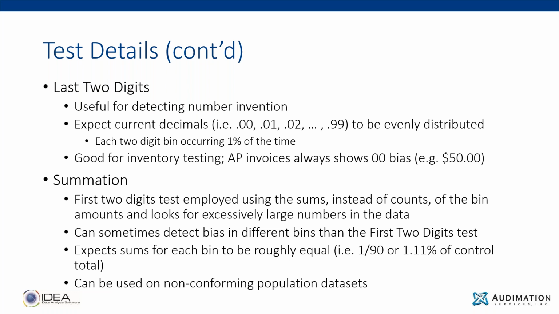With summation is a good way of being able to do the first two digits test again, but using sums instead of counts, so that excessively large numbers can be found that may be driving the data from a material perspective. So this can be used to sometimes detect bias in different bins than the first two digits test. And we expect sums for each bin to be roughly equal.